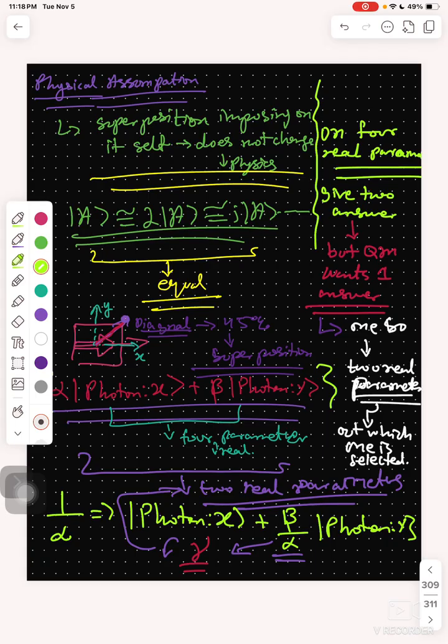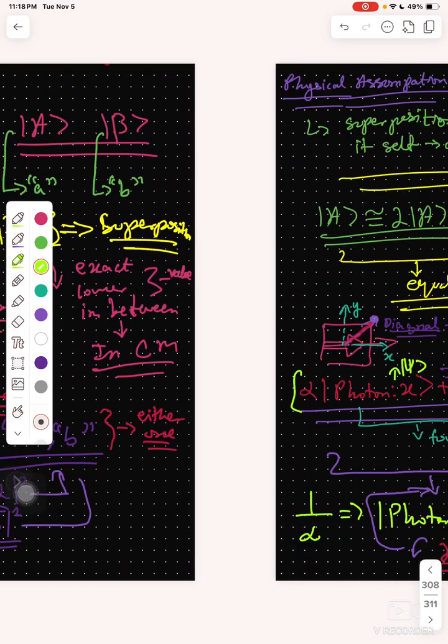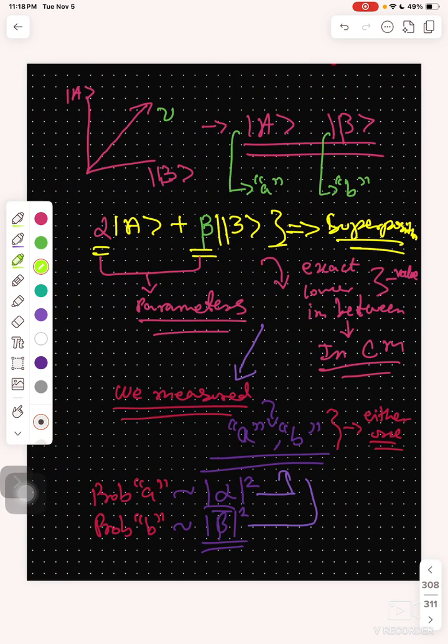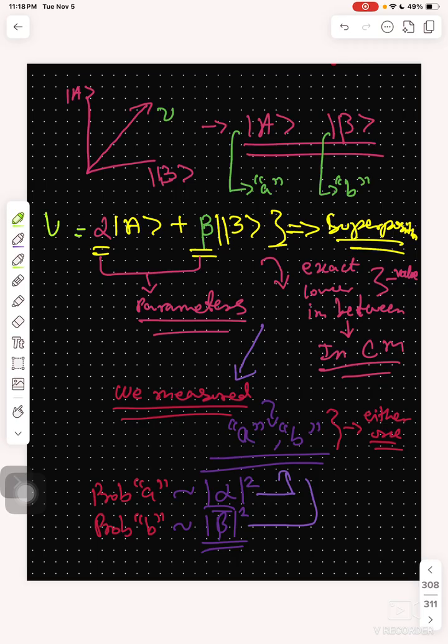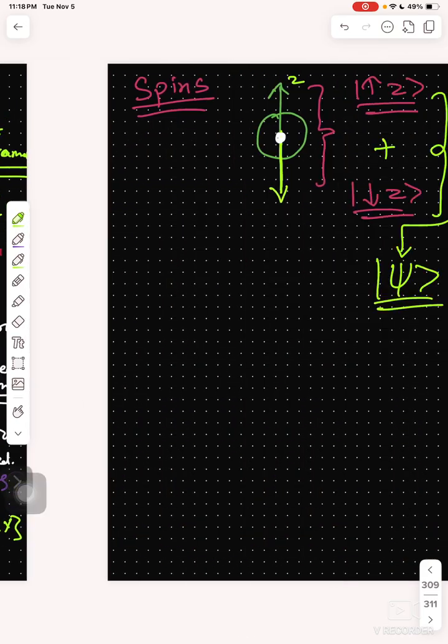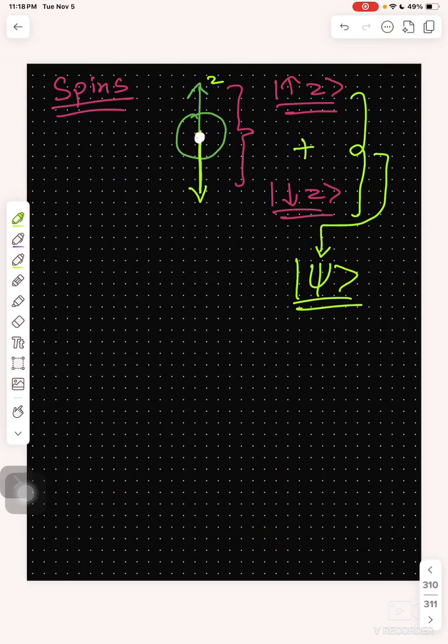Superposition state: it's in both up until observed.